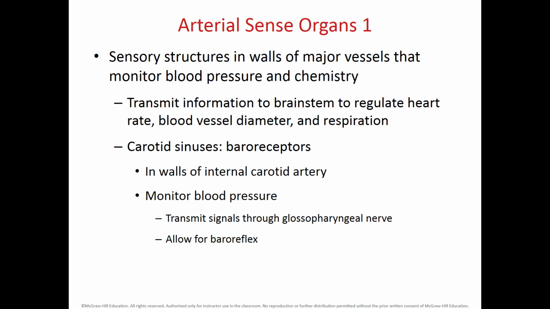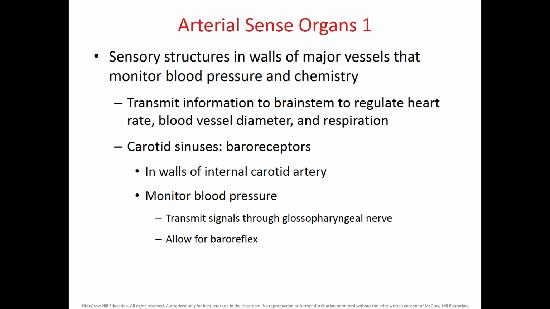Within the blood vessels, we have some receptors that help to detect changes in the blood pressure or changes in the chemical components in our blood. We have them at specific places, like in the carotid sinuses, within the internal carotid artery.